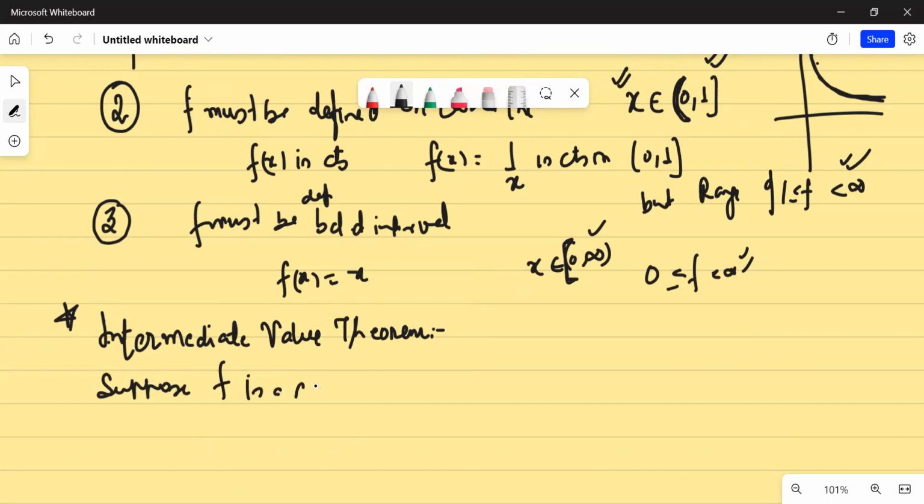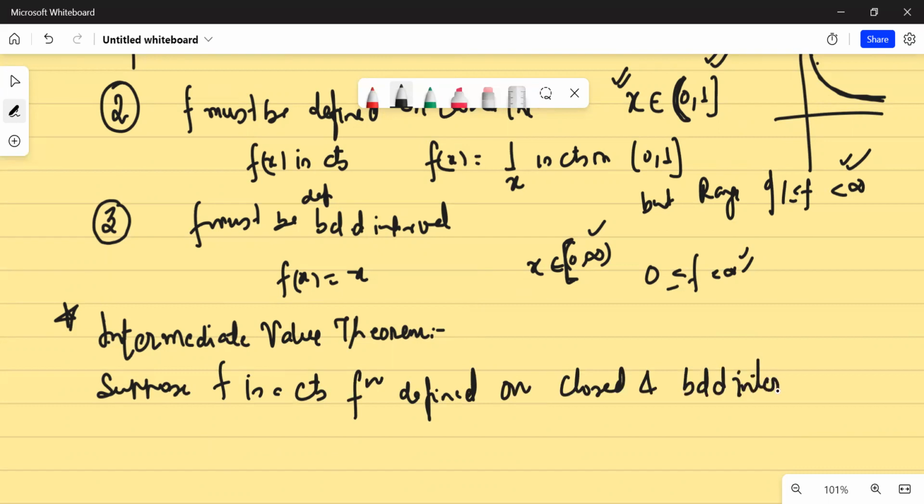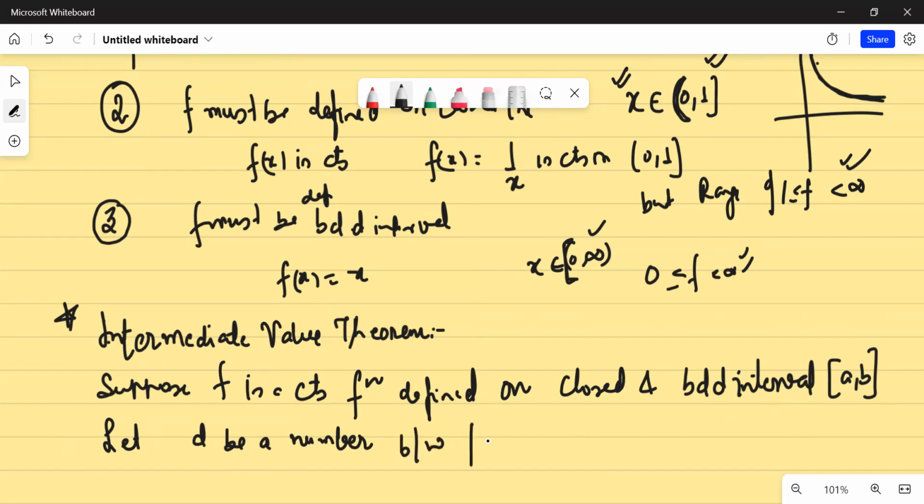Suppose f is a continuous function defined on a closed and bounded interval a comma b, and let d be a number between f(a) and f(b).